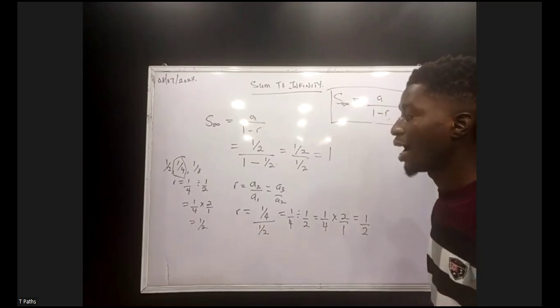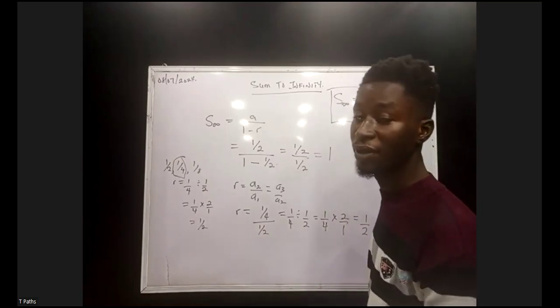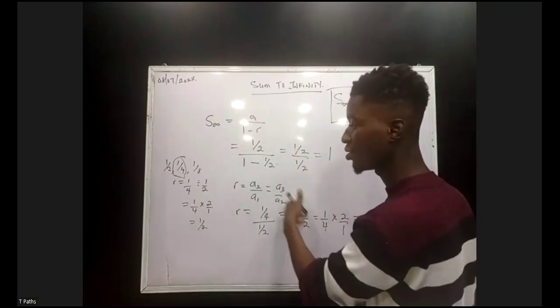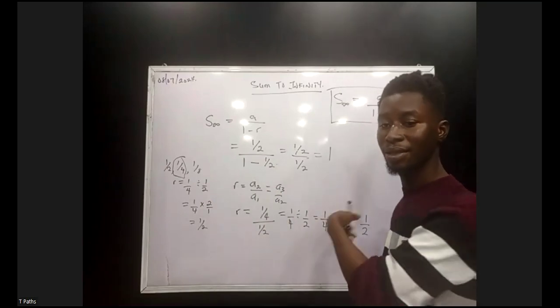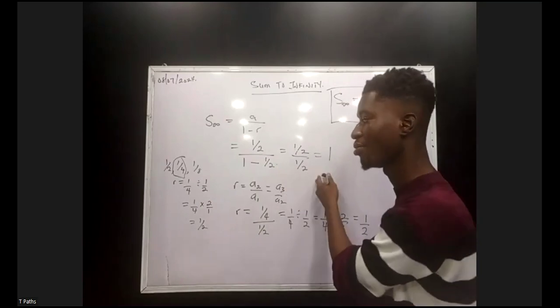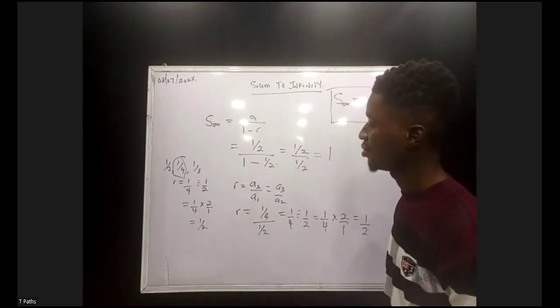On anything: arithmetic progression, geometric progression, sum to infinity, sum of arithmetic progression, sum of geometric progression, geometric mean, arithmetic mean. All we've done so far under sequence and series. Your question can come in. Do you have any issue with that? Any question?